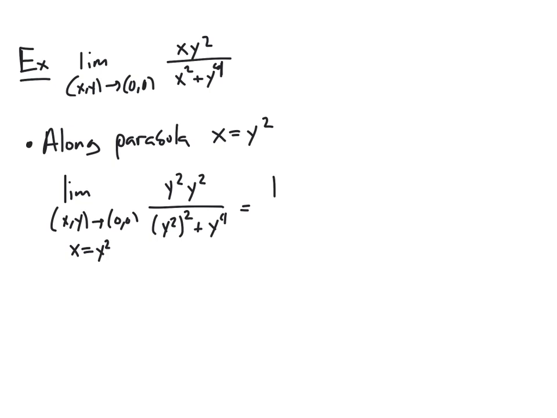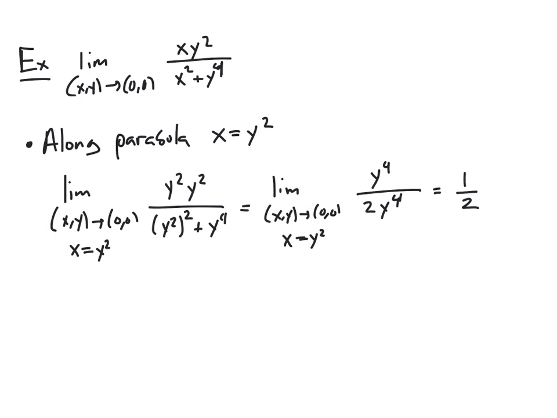We get y to the 4th divided by 2y to the 4th, that's y to the 4th plus y to the 4th. And y to the 4th over 2y to the 4th is always going to equal 1/2. So along this parabola, we get a limiting value of 1/2.